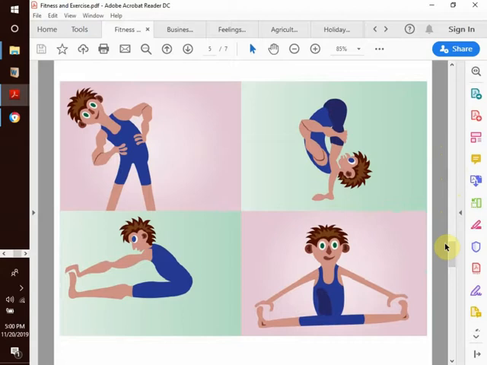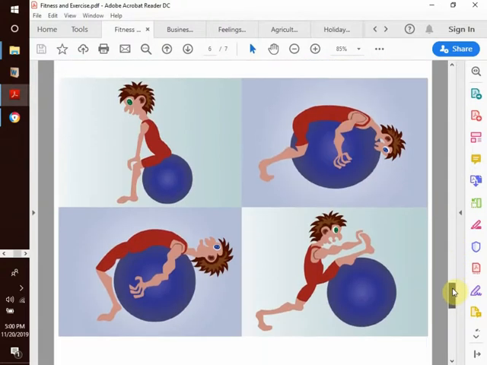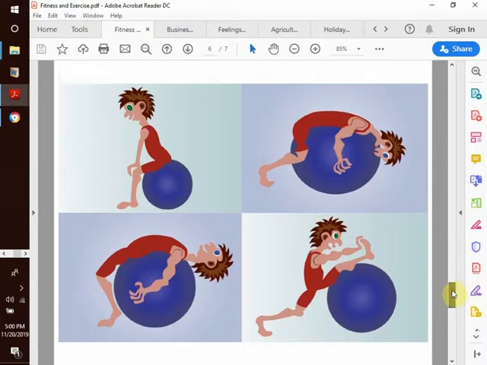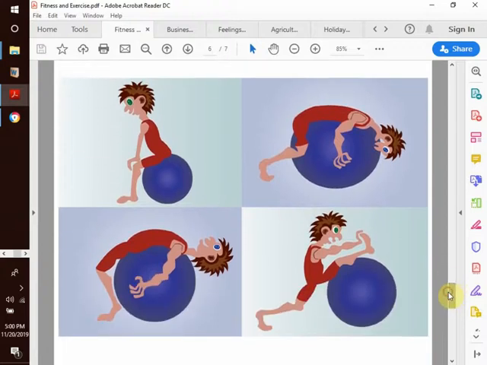You can just stretch and stretch and stretch. You get onto an exercise ball and flex out your muscles a little bit. Stretch until you hear your bones crack. You can just stretch and stretch until you get fit.